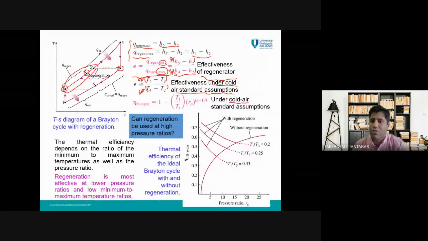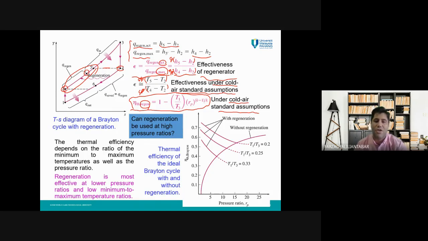And under cold air standard assumptions, the thermal efficiency of the Brayton cycle with a regenerator will be like this. This is also important. Thermal efficiency of the Brayton cycle with regenerator is equal to 1 minus T1 divided by T3 times Rp, the pressure ratio, to the power (k minus 1) divided by k.